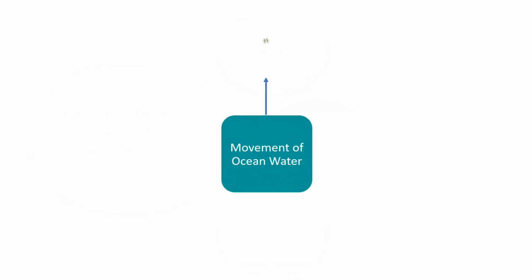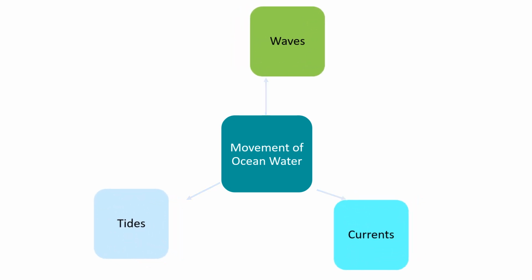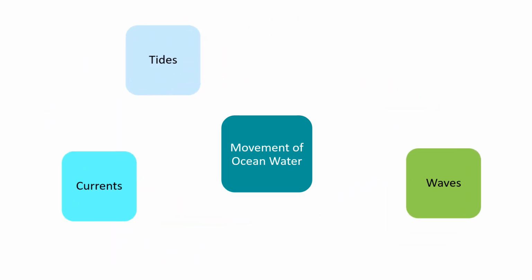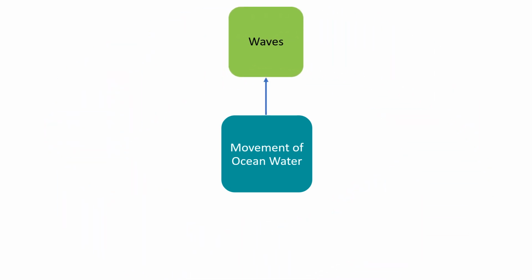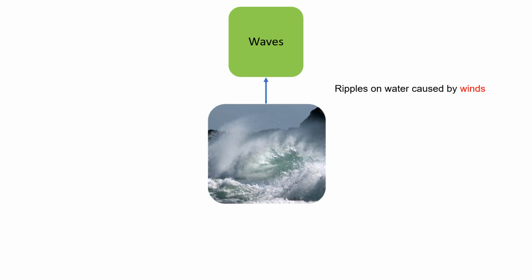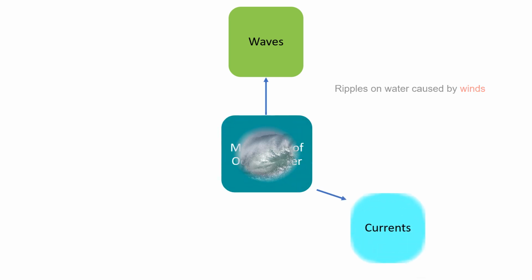The movement of ocean waters can be classified into three types. They are waves, currents and tides. First, waves. Waves are ripples on water caused by winds. Currents.